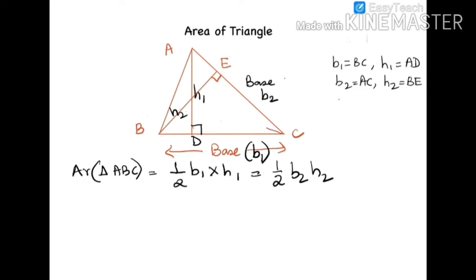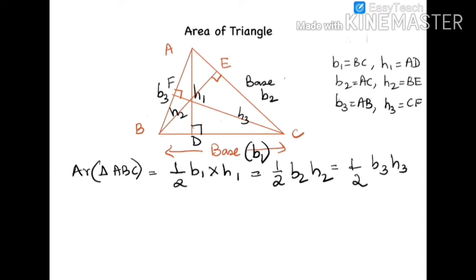And if we draw perpendicular from vertex C to AB and mark this height as H3 and the corresponding base as B3, then the area of same triangle will be given by half B3 into H3.